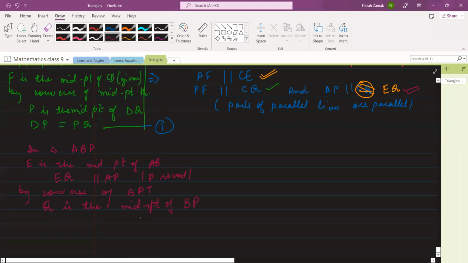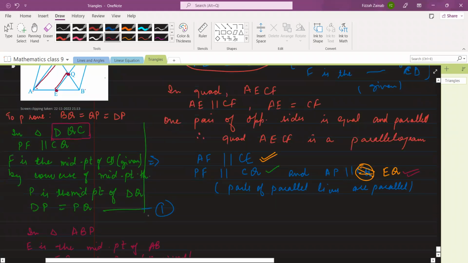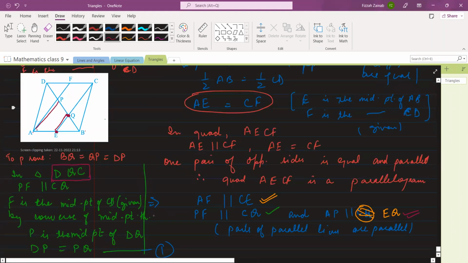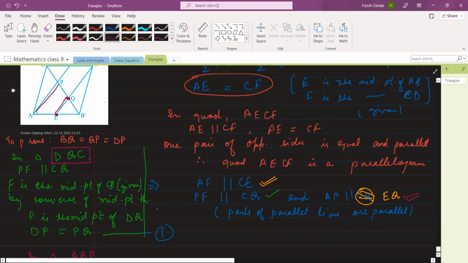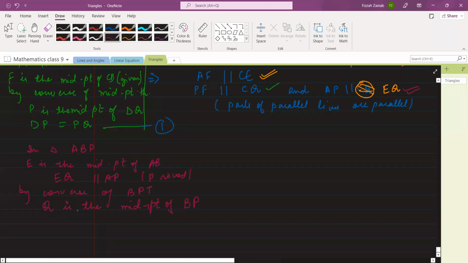Now because Q is the midpoint, I can say that PQ is equal to BQ. So it implies that PQ is equal to QB. So you mark it as result number 2.